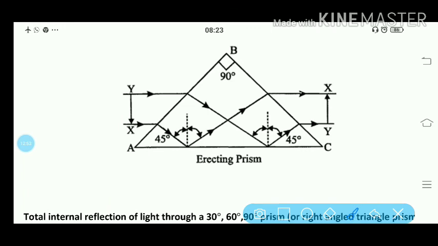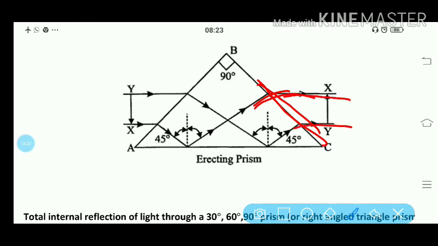The beam inside the prism now strikes the face AC at an angle of incidence less than the critical angle. Hence, it suffers refraction from the glass. When it strikes the face BC, again it suffers refraction because it is coming out from glass to air, and it bends away from the normal. The beam emerges out parallel to the face AC.